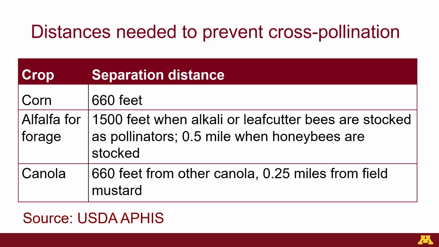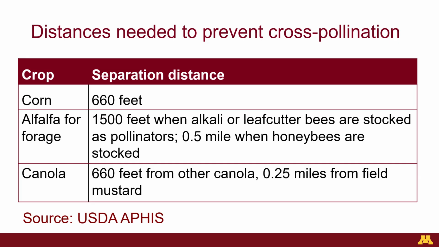The USDA publishes guidelines on how far plantings of GMO varieties must be to prevent gene flow out of the test fields. You are not required to maintain these distances, but you may find them a useful guide when assessing whether a neighboring field of a GMO crop presents a contamination risk for your crop.